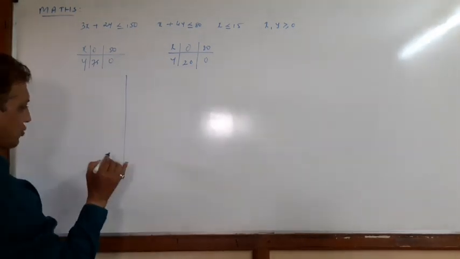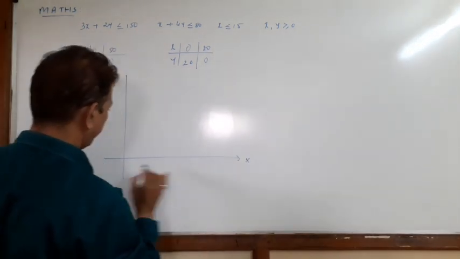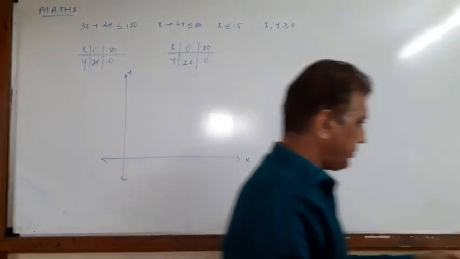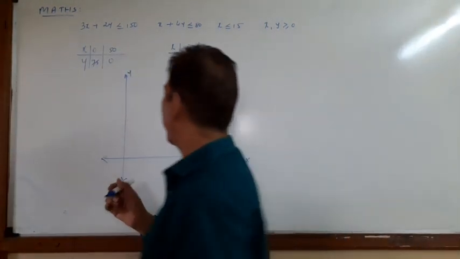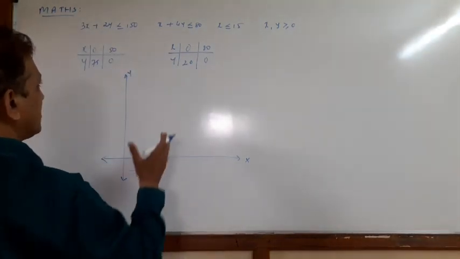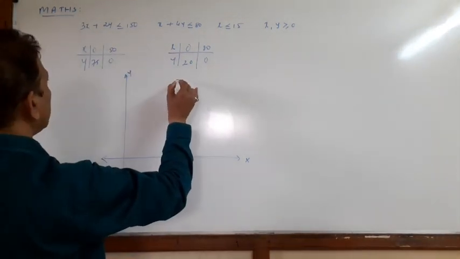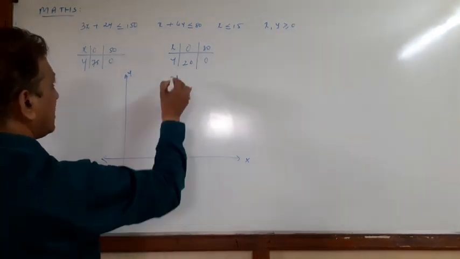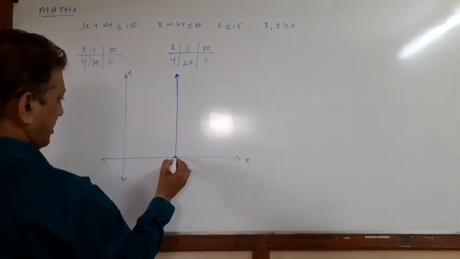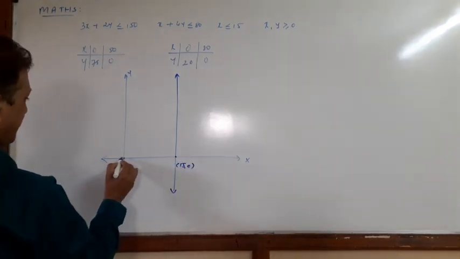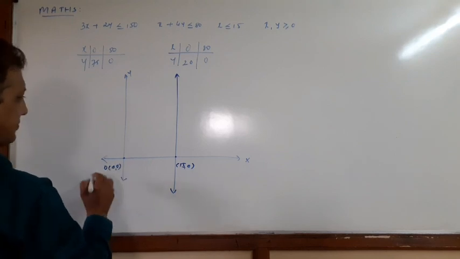Now draw the graph in the first quadrant. First line, x less than or equal to 15. Here the origin and the point (15, 0).